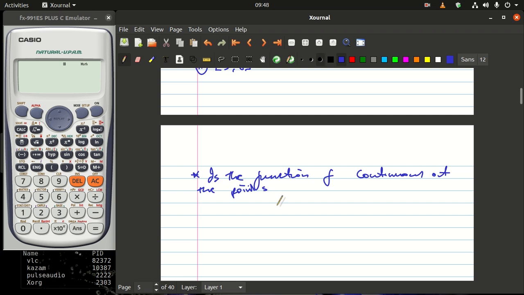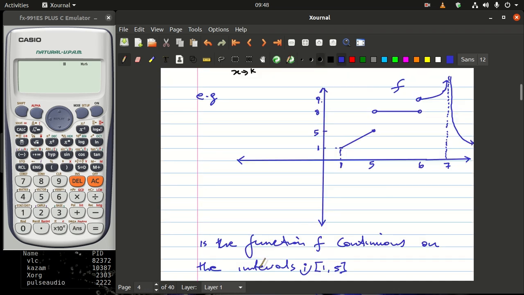So I want to talk about the points where x is equal to 1, number 2, x is equal to 2, number 3, x is equal to 5, number 4, x is equal to 6. I'm going to use these points here to see what is basically happening.